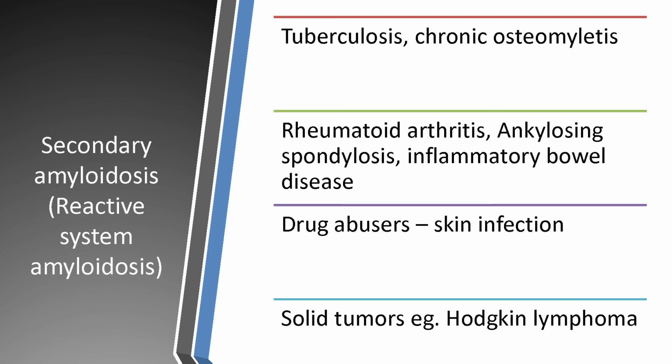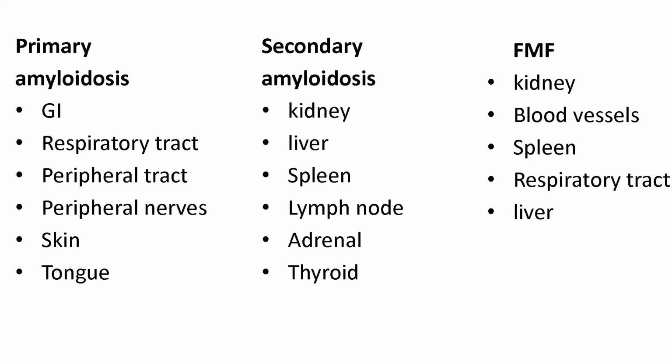Now, let us look into the organs which are being affected by amyloidosis. In the case of primary amyloidosis, the gastrointestinal tract, the respiratory tract, peripheral nerves, skin and tongue are primarily affected. In secondary amyloidosis, we see endocrine glands coming in apart from kidney, liver, spleen, lymph nodes; adrenal glands and thyroids are also largely affected during secondary amyloidosis.